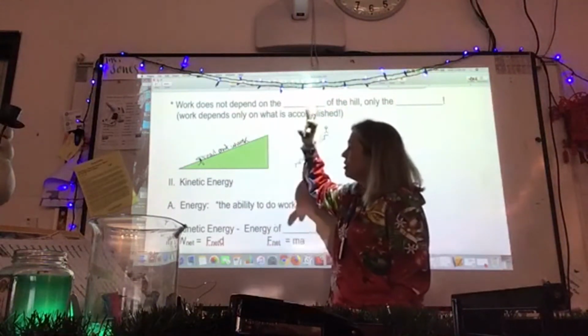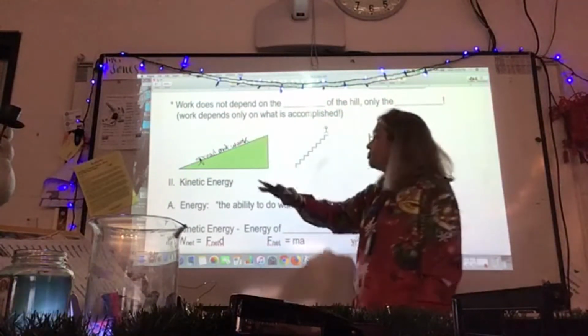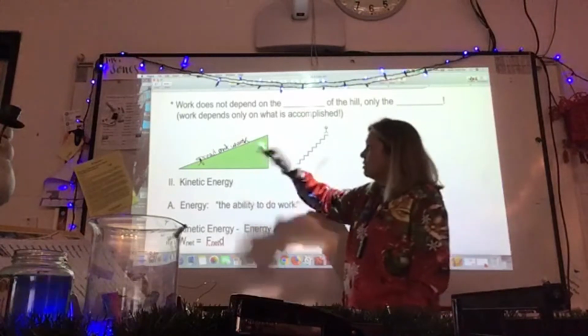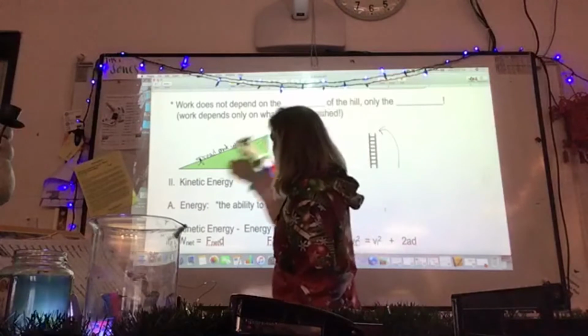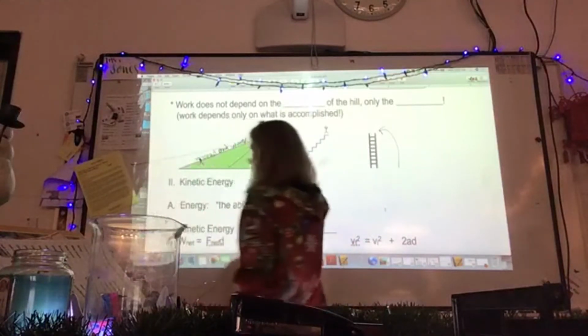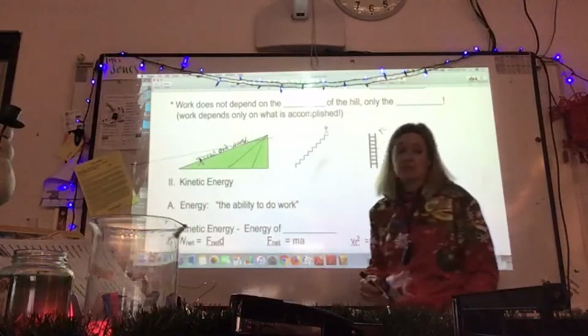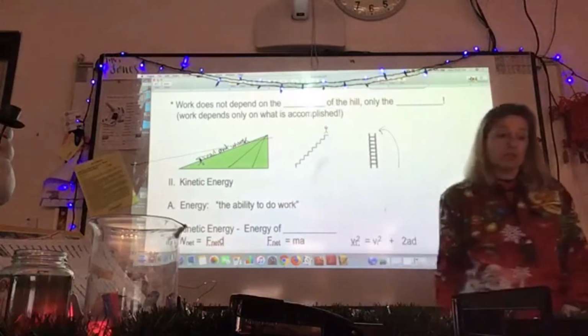So you don't want to have to do too much. The more you spread out the work, you can do it like this, you can do it from back here, that would be even less work. Less power, same work.